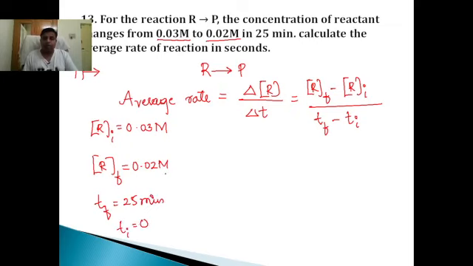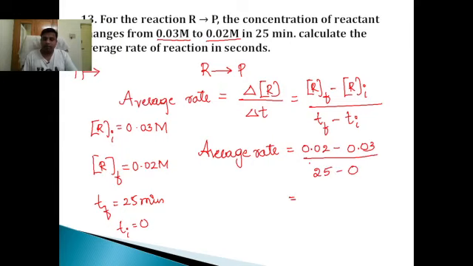So average rate is equal to R final, 0.02, minus R initial, 0.03, divided by T final minus T initial, that is 25 minus 0.